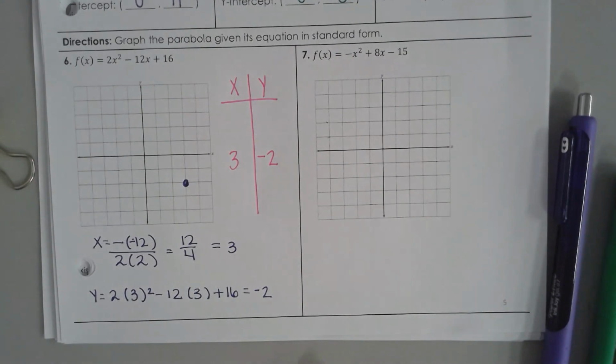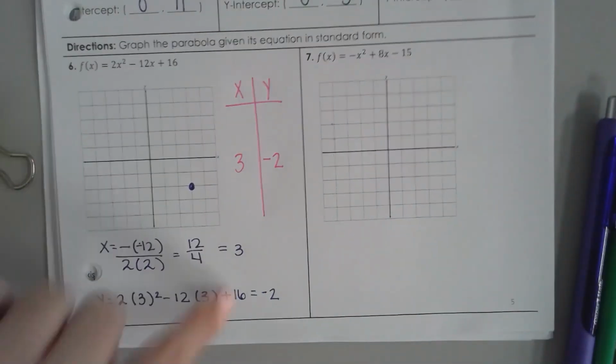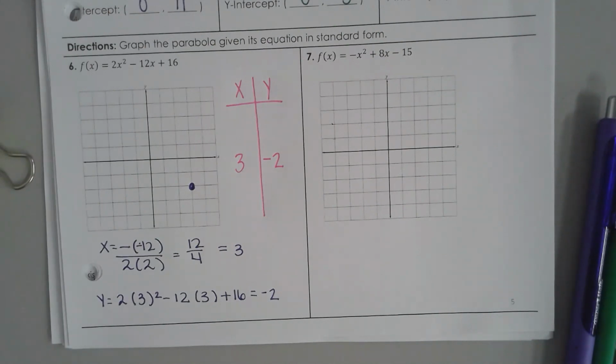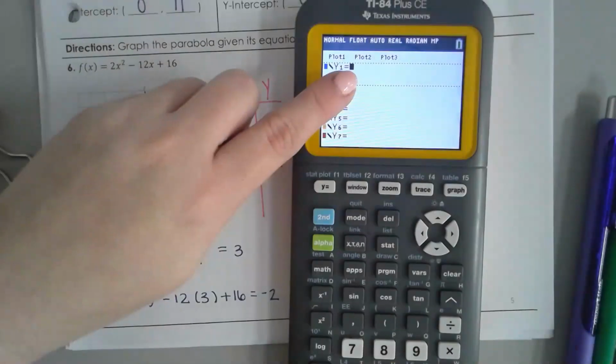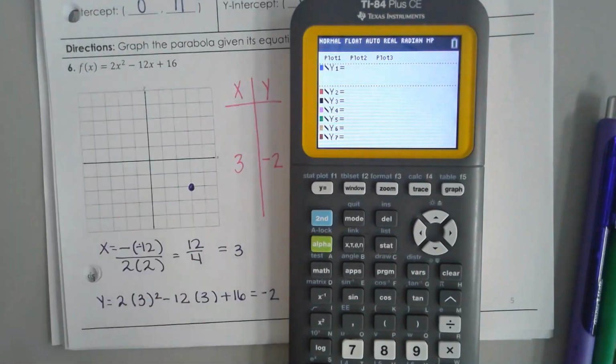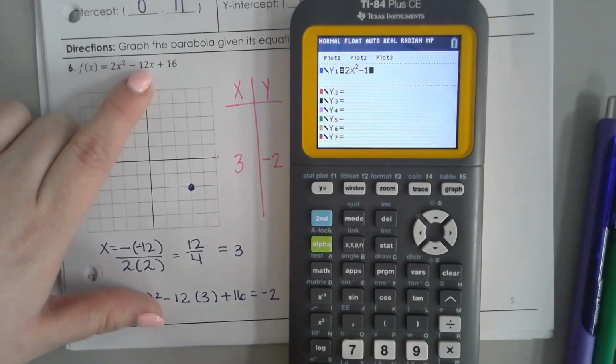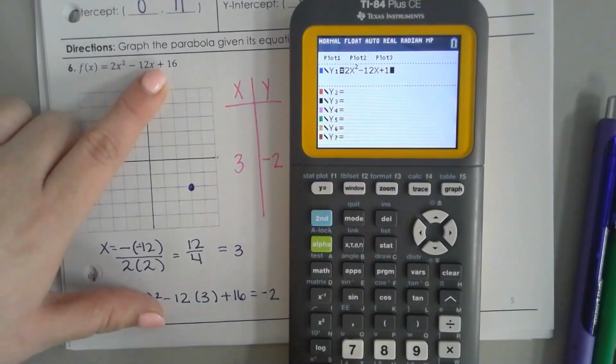The long way is to plug in a 2 for x, plug in a 1 for x, but your calculator will give you a table if you want it to. You have to make sure that your equation is typed into y equals first. So go to y equals and type in 2x squared minus 12x plus 16.